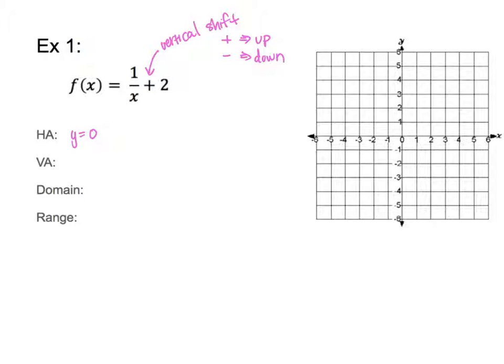But because the shift is 2, the horizontal asymptote is going to go up 2. So 0 plus 2 is 2. Because the horizontal asymptote got shifted, it's going to go up 2.